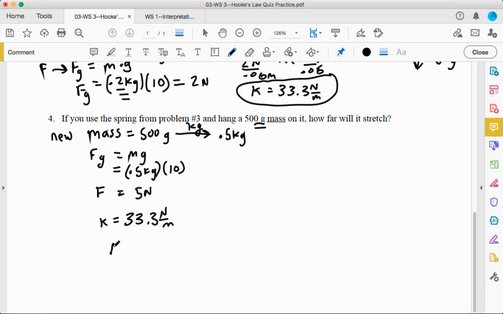So if we want to find our X, go to Hooke's law, F equals Kx.